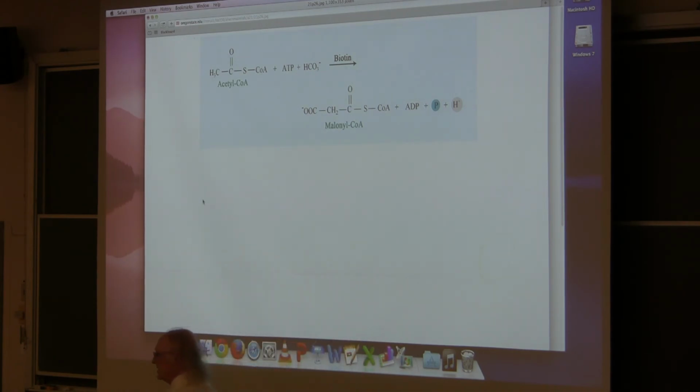The other way in which this enzyme is regulated is by phosphorylation and dephosphorylation. If we put a phosphate onto this enzyme, we turn it off. If we take the phosphate off of this enzyme, we turn it on.